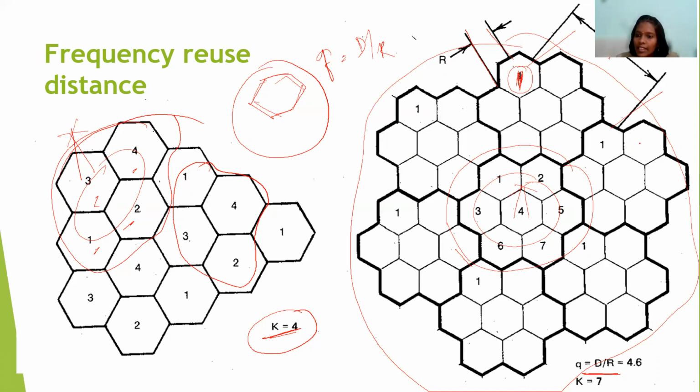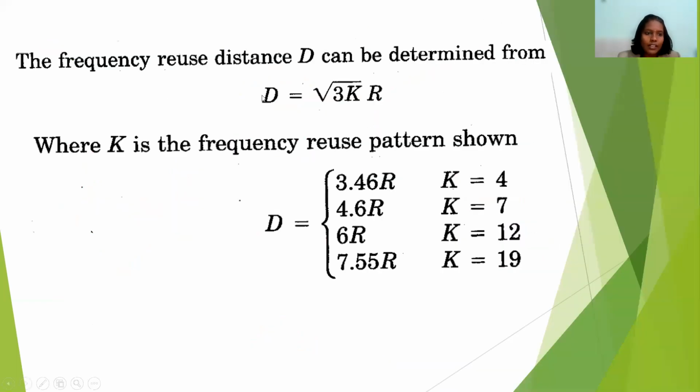If you take 2 as the reference in another cell and measure the distance, then a 2 might be present nearby, and the distance will become less than this one. Then again there is a possibility that co-channel interference may occur. So if the K value is 7, then the Q value will become 4.6.